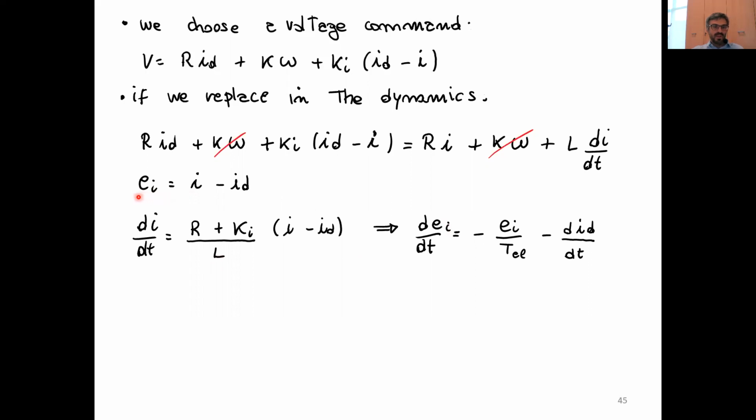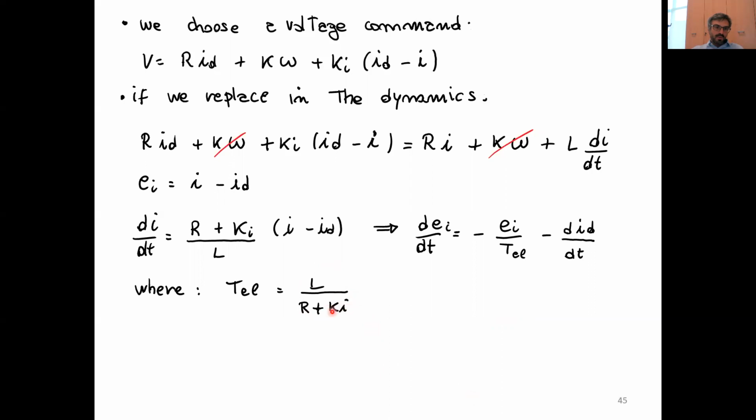If we replace and consider di/dt minus did/dt, we get that the derivative of the tracking error is equal to minus the error divided by tau L, where tau L is not really what we used to have in the open loop situation, but slightly different.